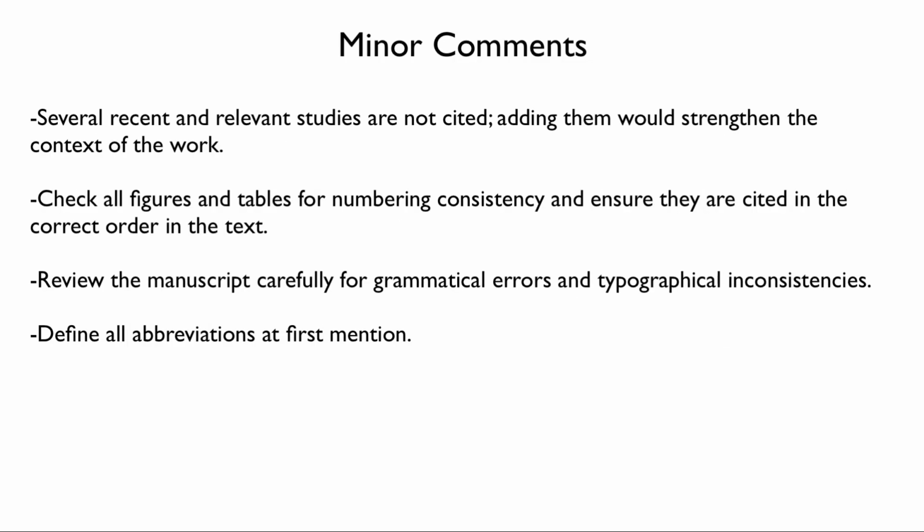The next section deals with minor comments. Here the reviewer may point out missing citations, inconsistencies in figures and tables, and grammatical and formatting issues. Although it's not the reviewer's job to copy edit the manuscript, it's okay to point out the occasional error.